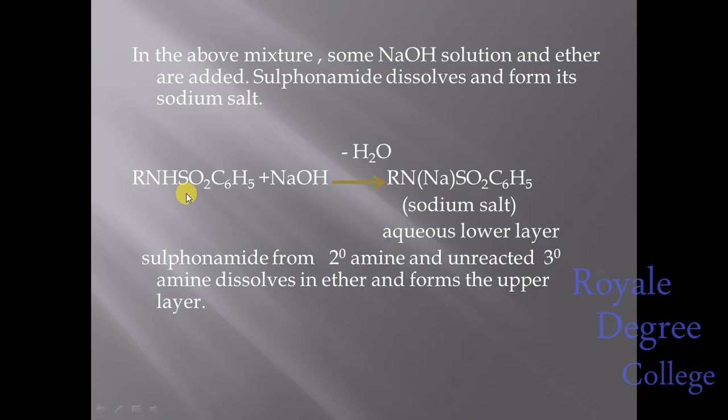And in place of this hydrogen, Na is substituted. So we are getting this product, RN, and in the bracket we are mentioning NaSO2C6H5. This is the sodium salt, in the aqueous lower layer. So the sulfonamide from the secondary amine and the unreacted tertiary amine dissolve in ether and form the upper layer.